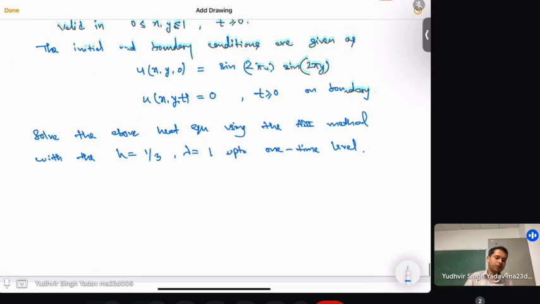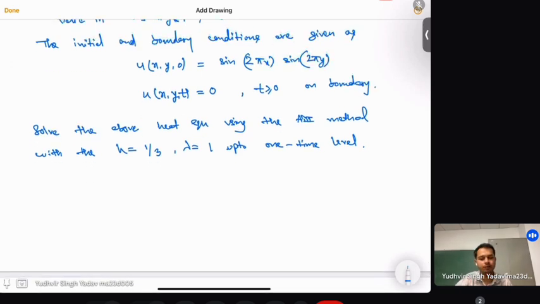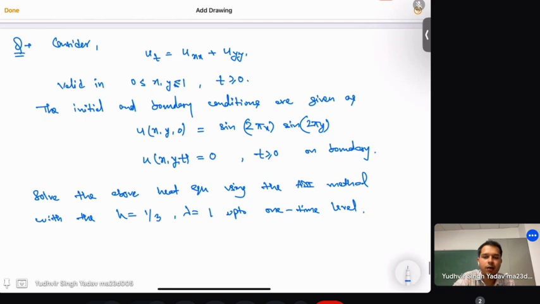So up to one time level, you have to solve this given problem using the ADI method.